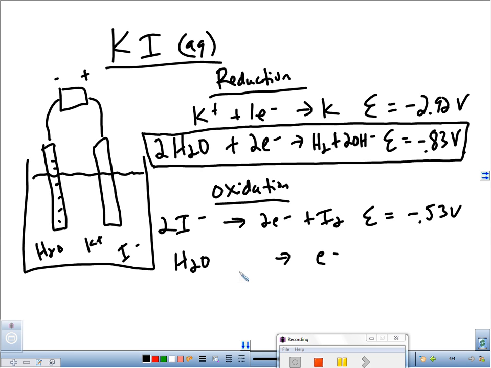So flip it for me, Trevor, and read it to me. 2 OH minus. O2. Thank you. And what's the voltage of that if you flip it, Trevor? Negative 1.23? Super.